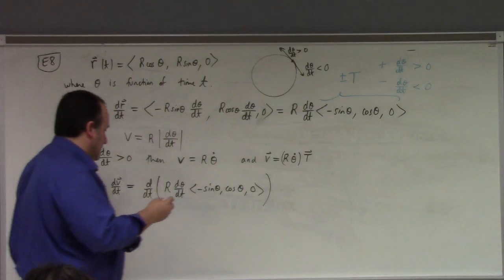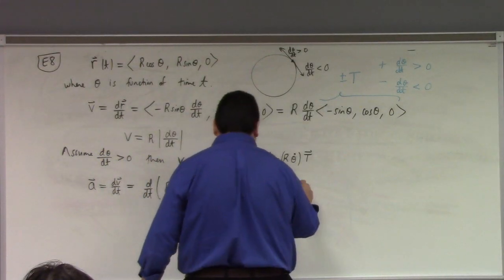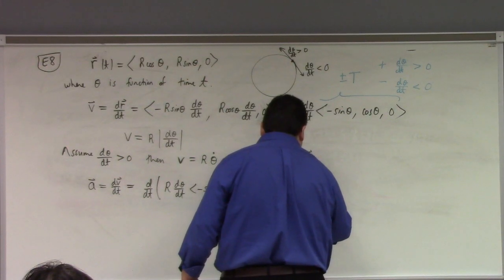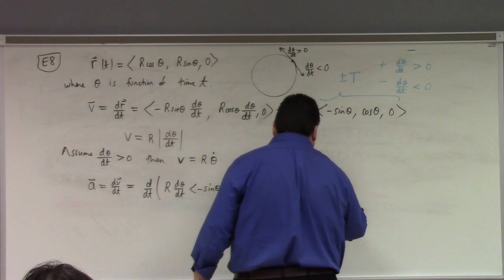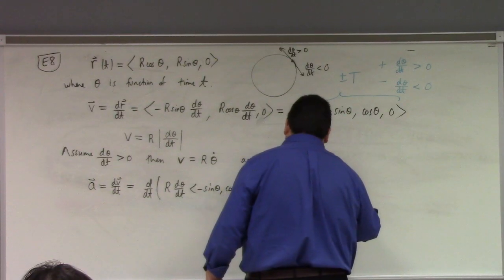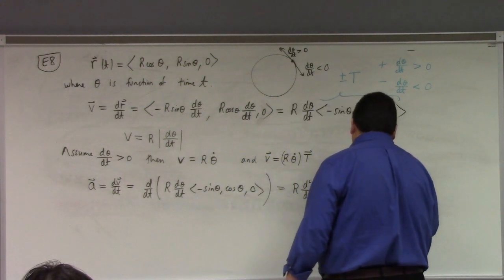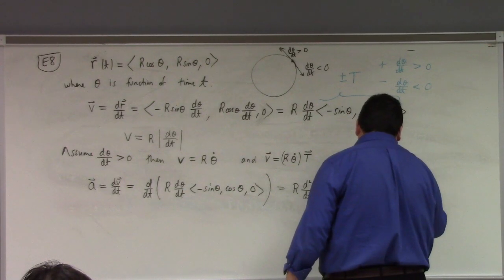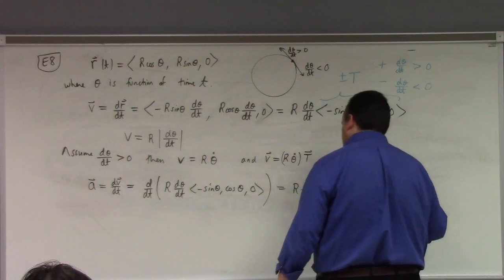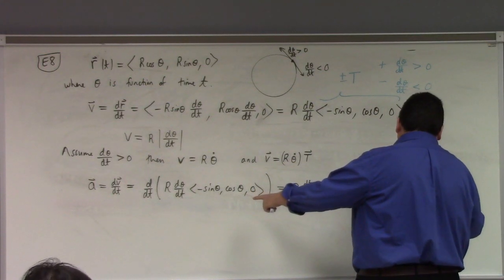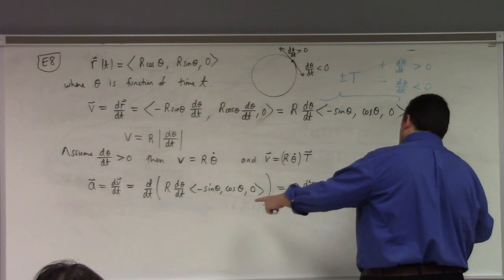So we differentiate this, we get r d squared theta dt squared times minus sine theta, cosine theta, 0, and then plus r d theta dt times minus cosine theta d theta dt, minus sine theta d theta dt.